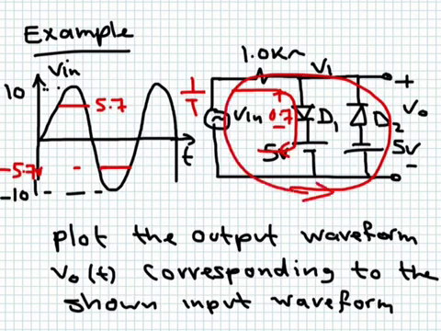So in the forward direction, current flows this way. In the reverse direction, current flows this way. But for this one to conduct, the input voltage must exceed 5.7. For this one to conduct, the input voltage must drop below minus 5.7.